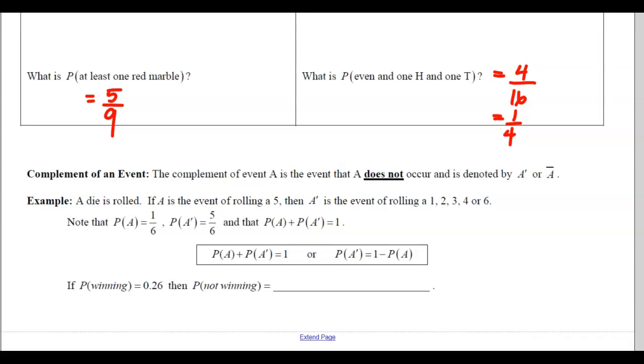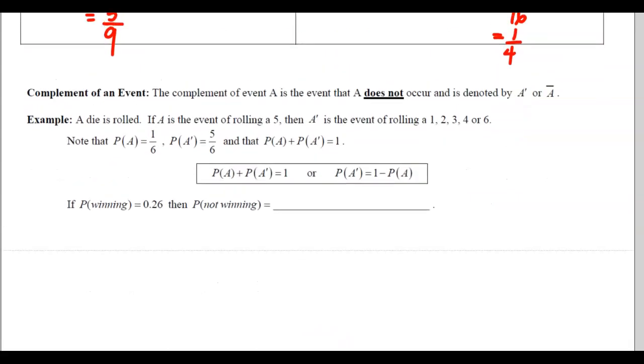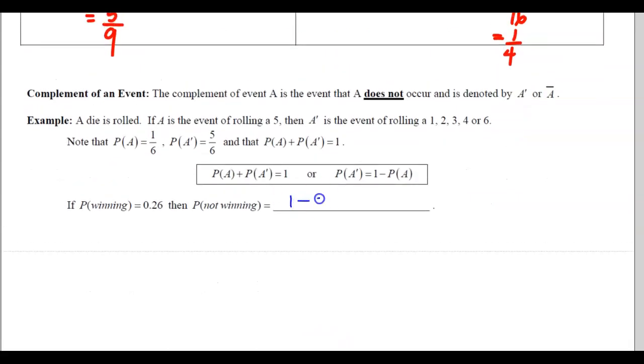So you can always get the probability of the complement by subtracting from 1. So if the probability of winning a particular game is 0.26, then the probability of not winning is 1 minus 0.26. So that's 0.74.